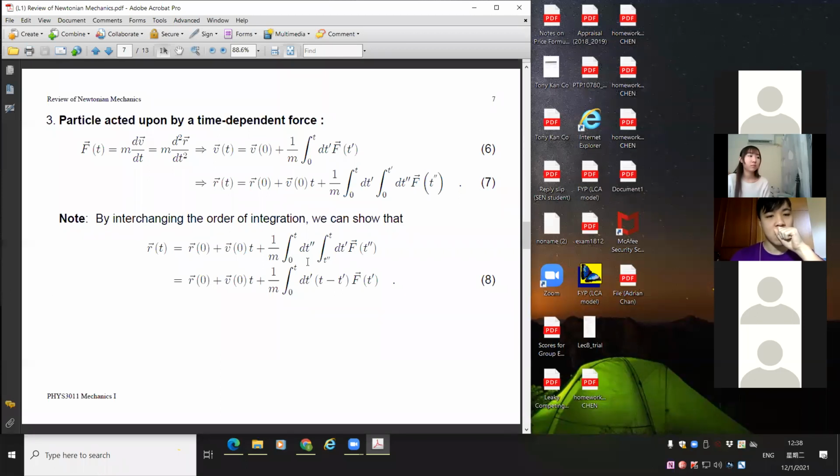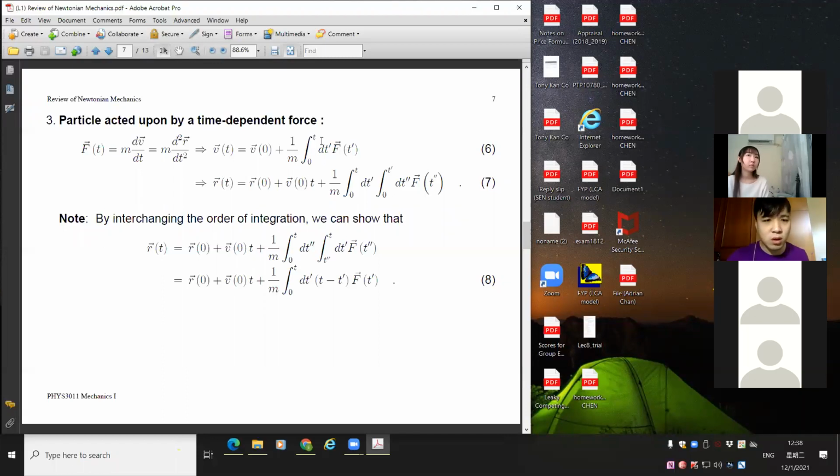No, I mean, how did it become from integrating this one part, this dt prime ft prime, to integrating dt prime and dt double prime separately? How did it become from 6 to 7?